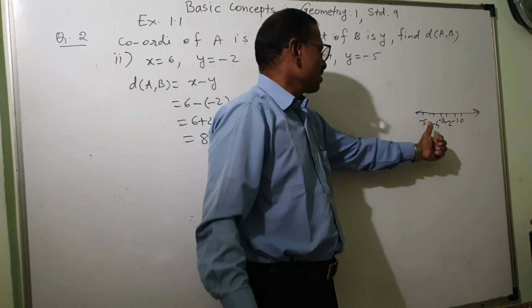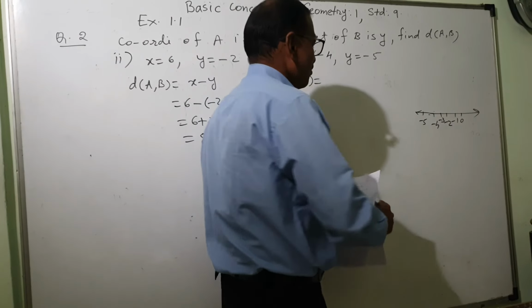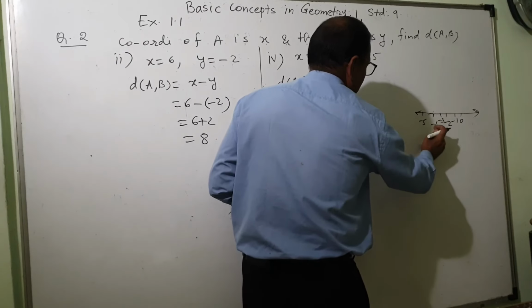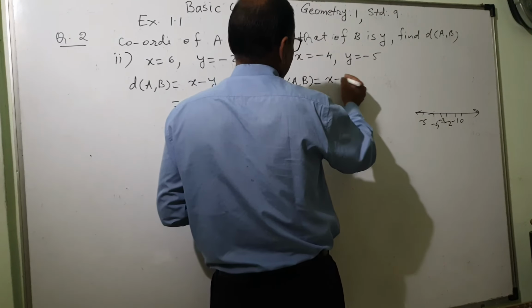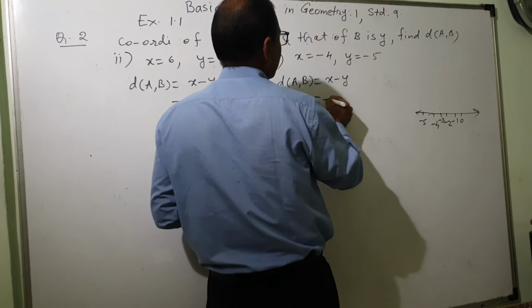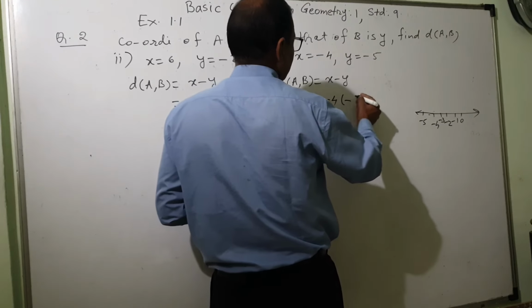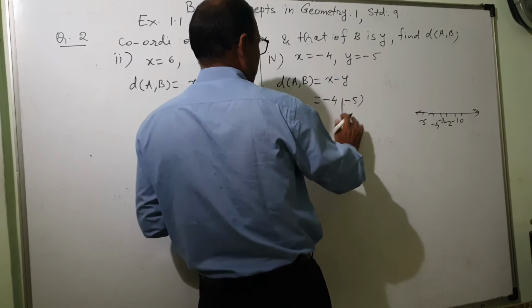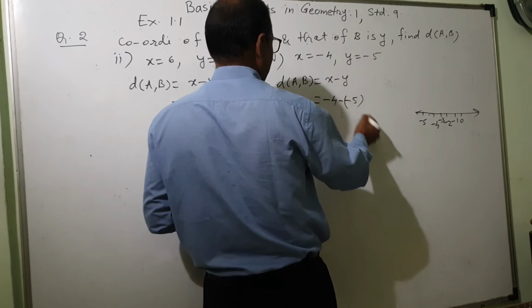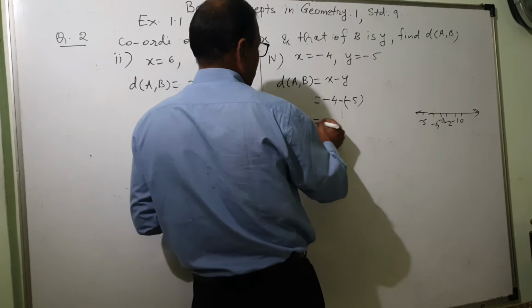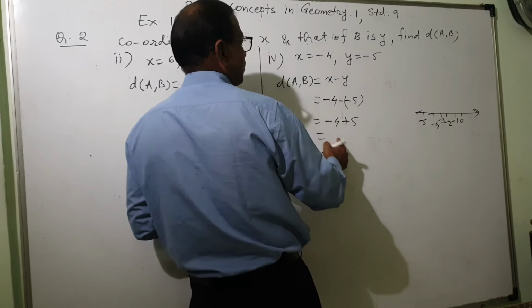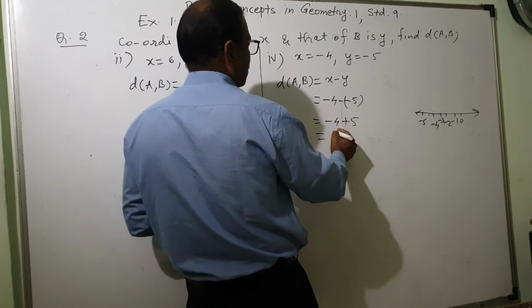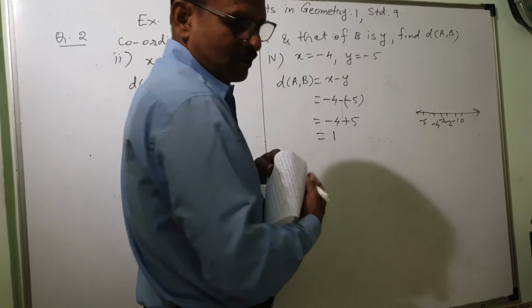The number on the left is smaller. The number on the right side is bigger. So minus 4 is on the right side, so it is bigger. It is x. x minus y. That is equal to x is minus 4, y is minus 5. So put the bracket. Minus 4 minus minus 5. So minus 4 minus minus plus 5. And minus 4 plus 5. That is equal to 1. So distance AB is 1.